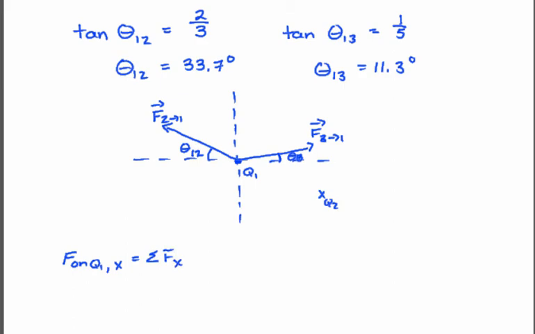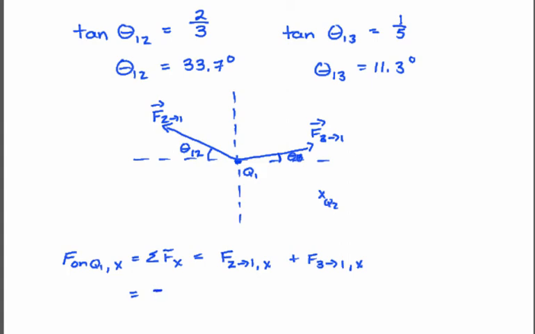direction. So that's going to be the force of charge 2 onto charge 1 in the x direction, plus the force of charge 3 onto charge 1 in the x direction. So, the force of charge 2 onto charge 1 is pointing in the negative x direction.